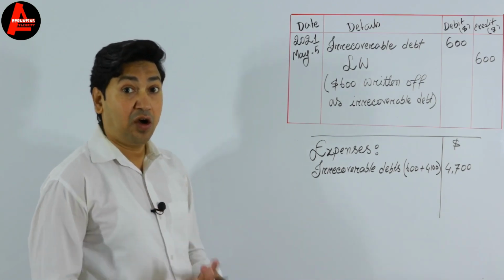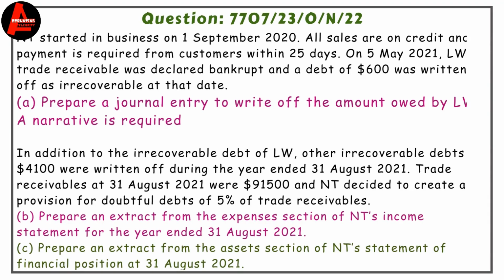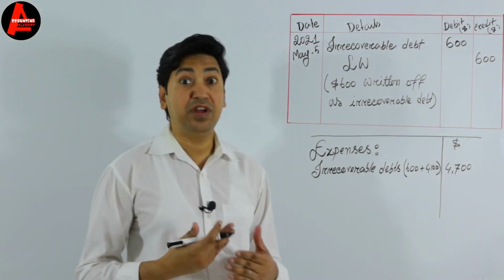Now, it is written that trade receivables at 31st August 2021 were $91,500, and ANTI decided to create a provision for doubtful debts of 5% on trade receivables. Who is ANTI? We are ANTI.